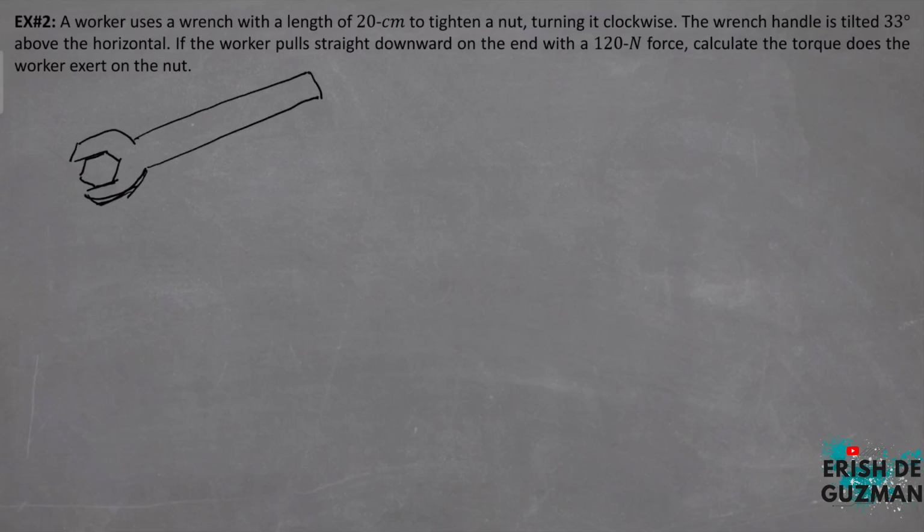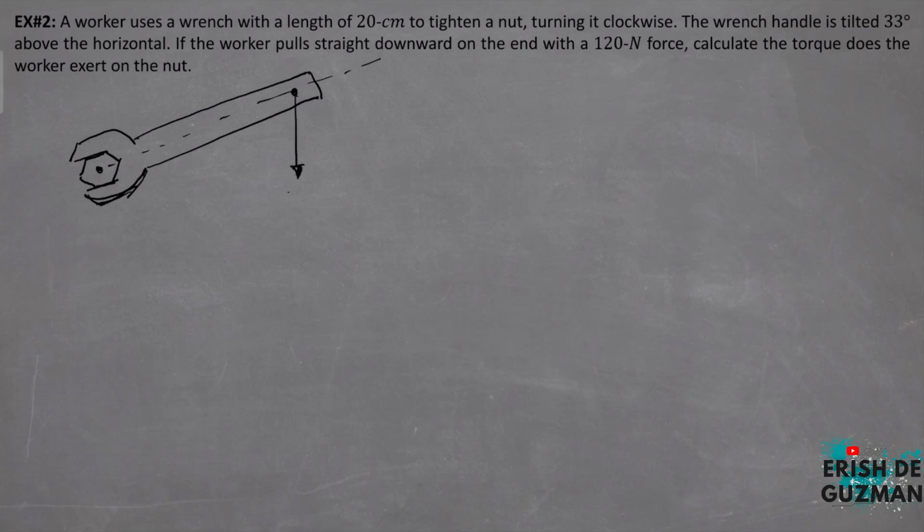This is the wrench, and this is the axis of rotation, and this is the radial line. The force of 120 Newton is applied straight downward, meaning at this point, the 120 Newton force is directly downward.